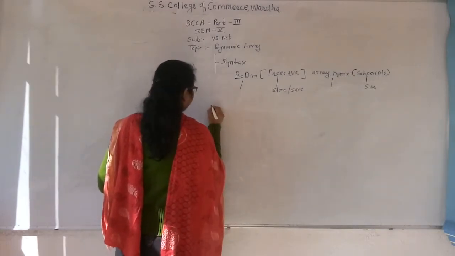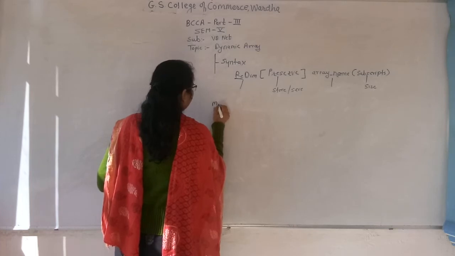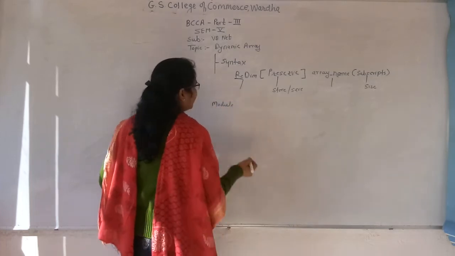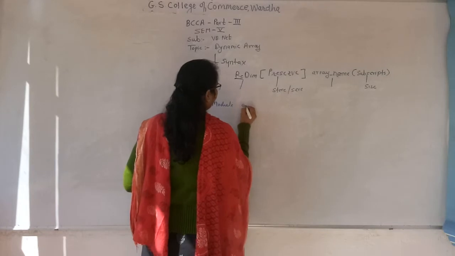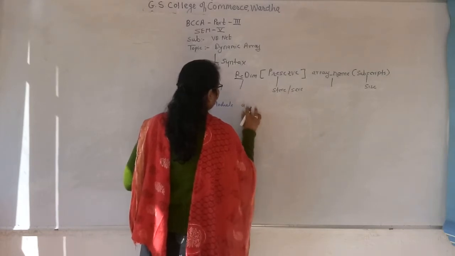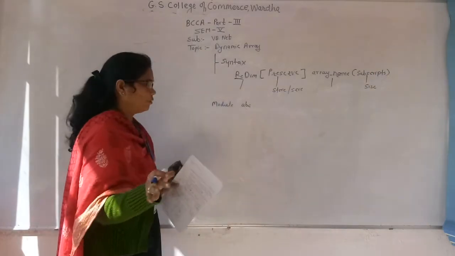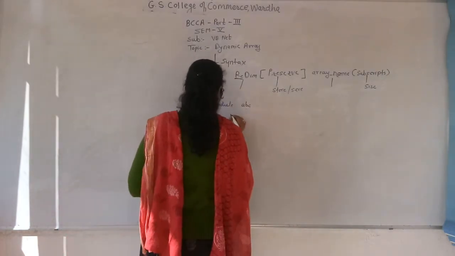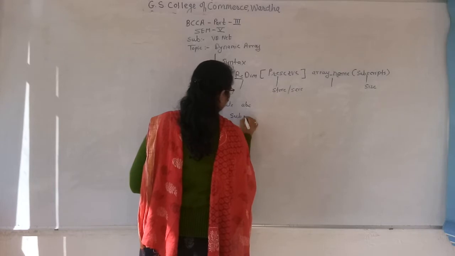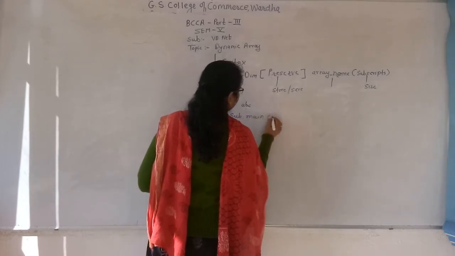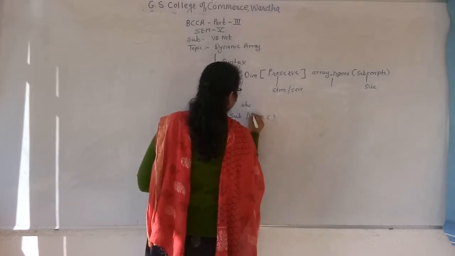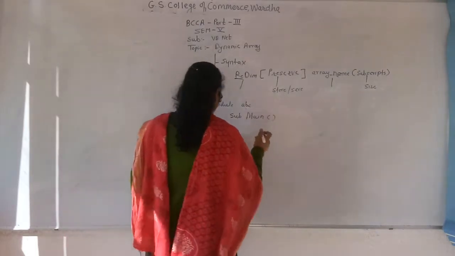First is Module. We can give the module name like array or app or ABC, or the same name as Module1. Then Main. This is the main function by which the program will be executed.